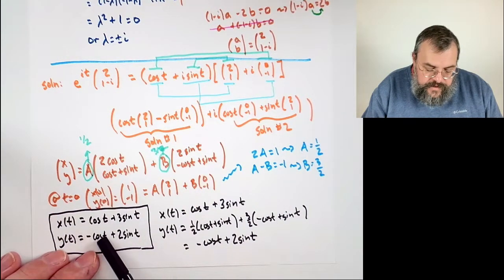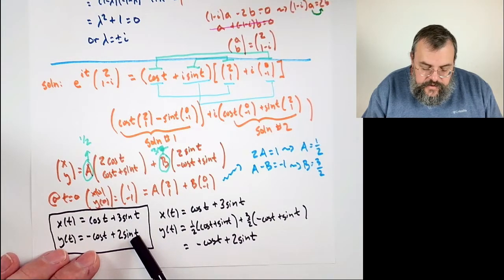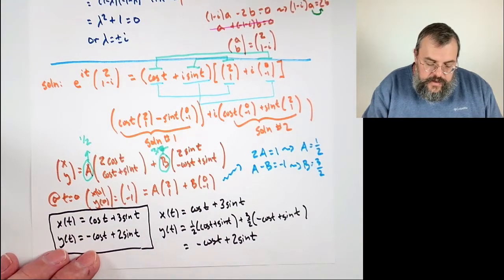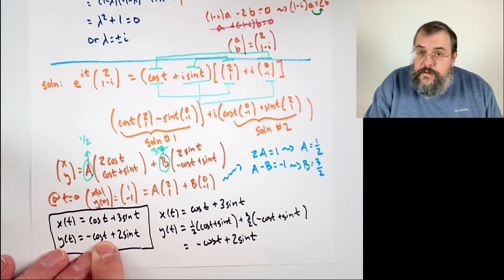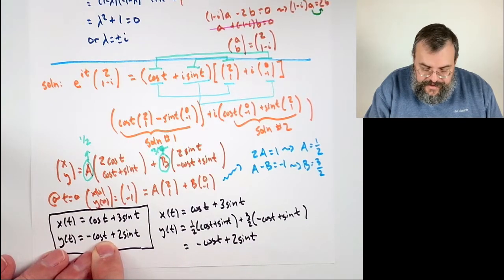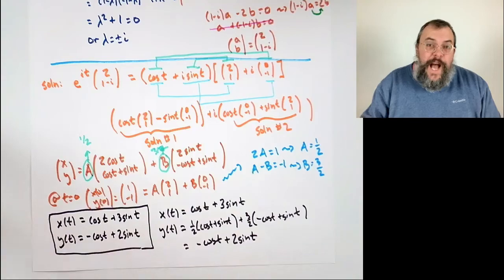Well, cosine minus minus cosine makes 2 cosine. And then here you'd have 3 sine t minus 2 sine t, which would be sine t. Okay, now what's y prime? Sine t, right? The derivative of minus cosine is positive sine. That's good. And 2 cosine t, which is exactly what we were saying it would be.